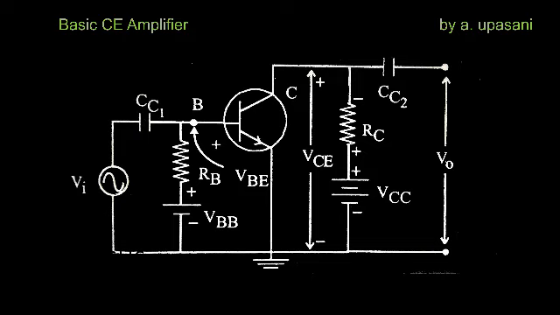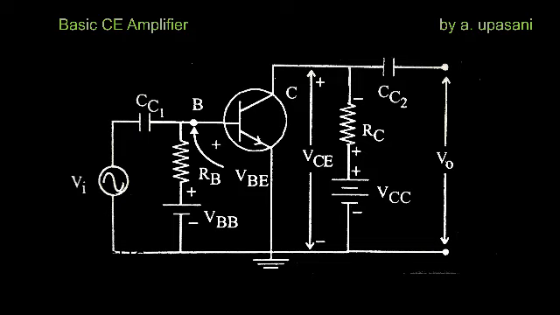After the input signal there is a coupling capacitor connected at the input side, and this coupling capacitor is used as a DC blocking capacitor, as the DC may change the operating point of this transistor. Because of this DC, that operating point should not be changed, so that should be constant.